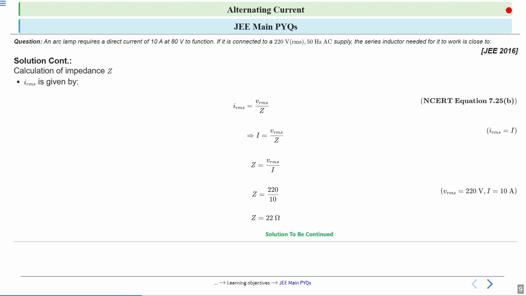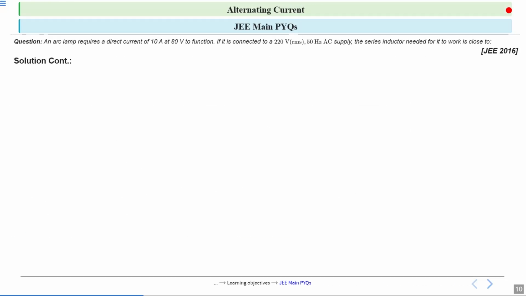Now we will find the inductance of the inductor that we have to connect in series, so that the lamp will work in a similar way as in the DC current. X_L can be calculated as follows.